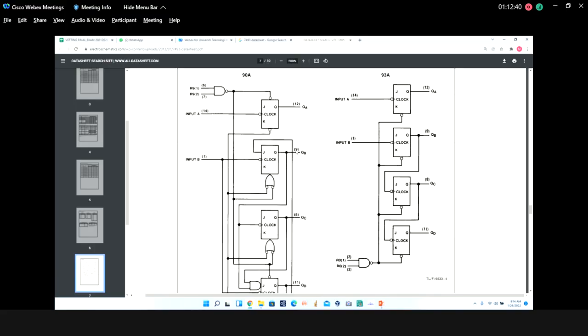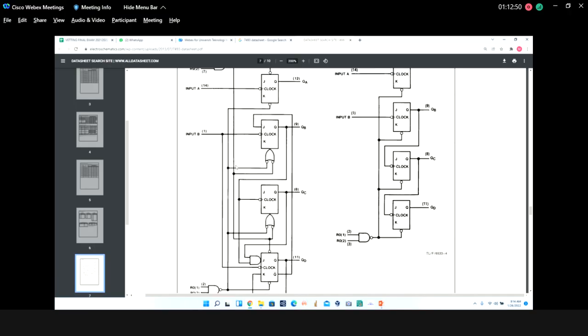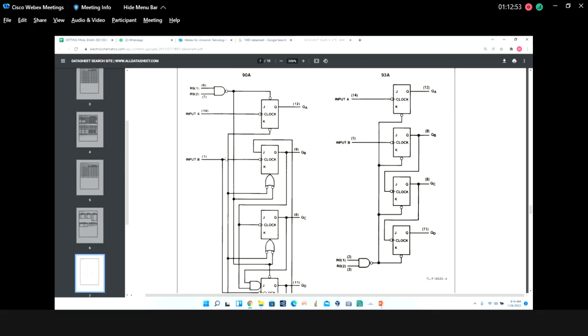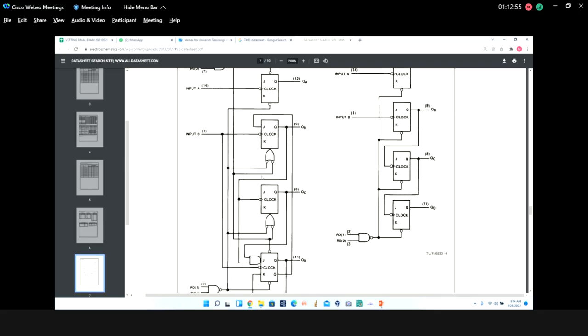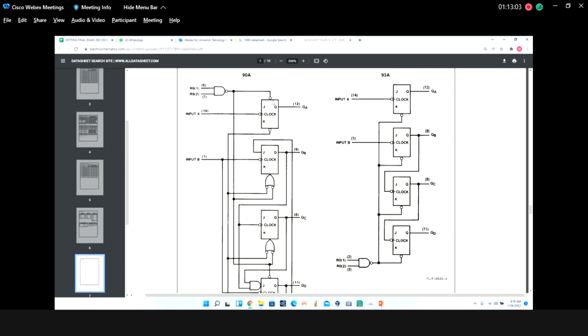Okay. And then this one is for 7493, and for 7490 you have more flexibility. You still have four JK flip-flops.